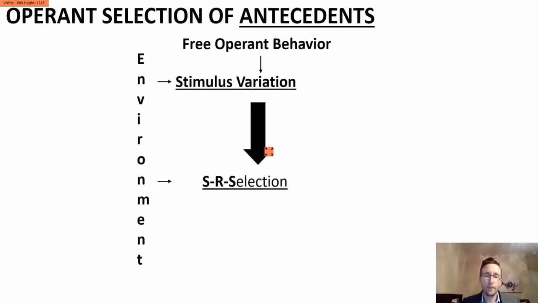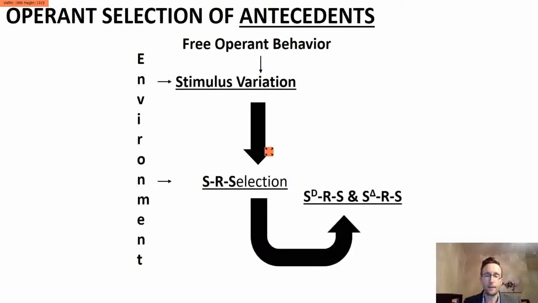In the presence of some stimuli, this free operant behavior is not going to produce a reinforcer or a punisher. So there are those various conditions. And as a result of operant selection of behavior under certain conditions, or in the presence or absence of certain stimuli, the functions of those stimuli are altered.